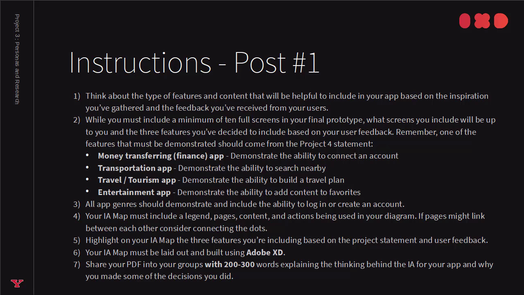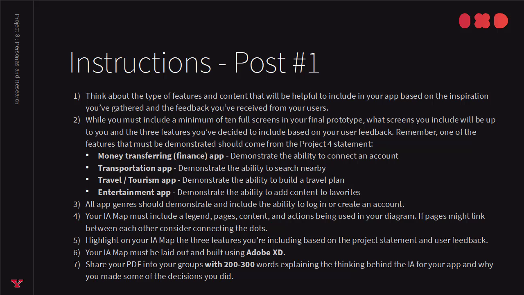While in your final prototype there's going to be a minimum of 10 full screens, and we'll go into why that number's up a little bit once we get into the final milestone of wireframes and the ultimate prototype, we're going to be dealing with smaller screen sizes and more specific actions, and so your screens won't be as detailed as they were for the responsive web and for the apartment complex website. So we'll do a minimum of 10 full screens in your final prototype.